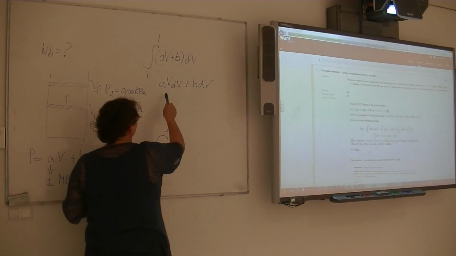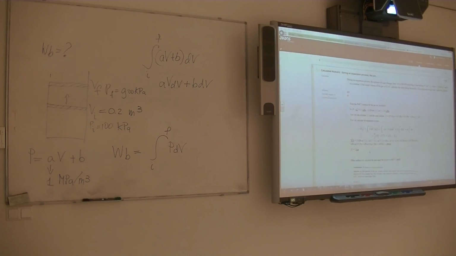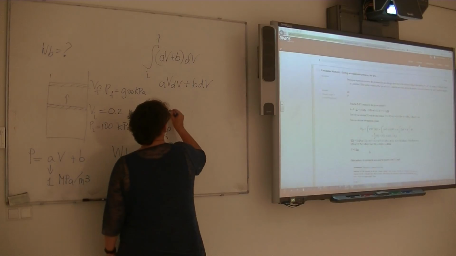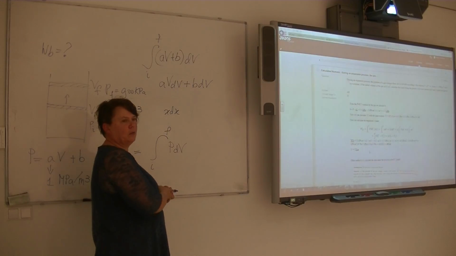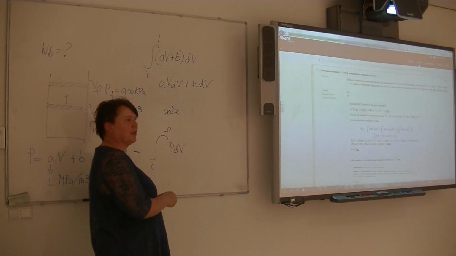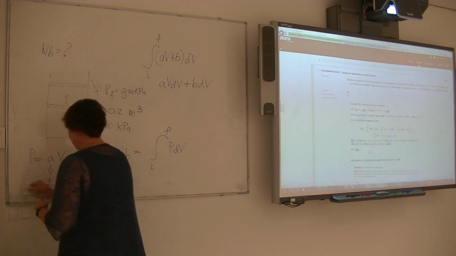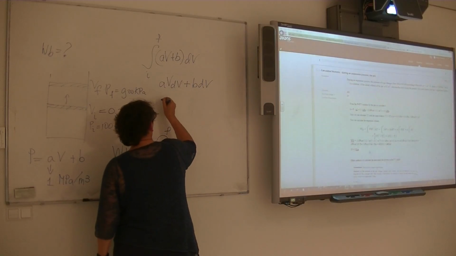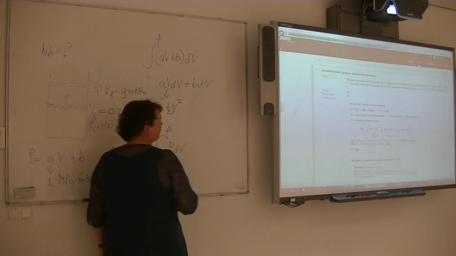Well, if we have V dV, does anybody remember what the primitive of V is? If you have X dx, maybe that's more familiar. You have to calculate the primitive of this one. What is it? Do you remember? From integration? Long time ago. The primitive of this one is A times half V squared.